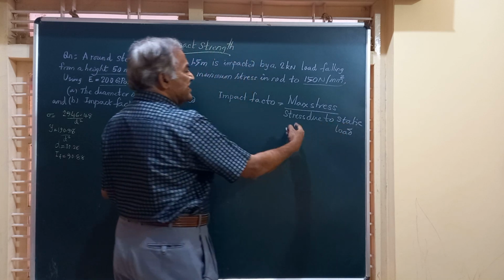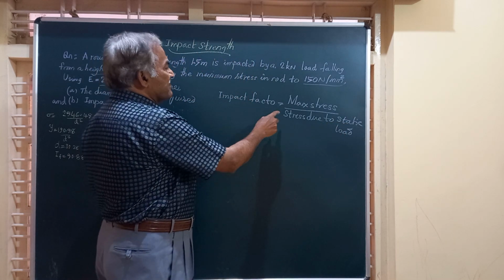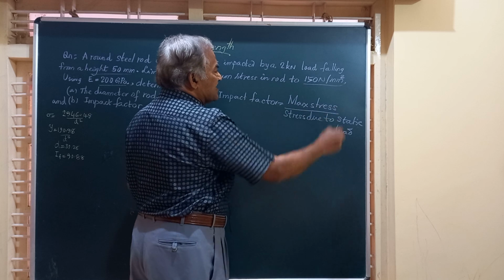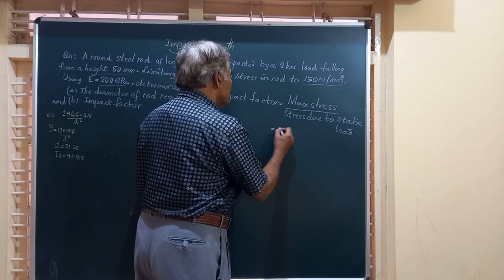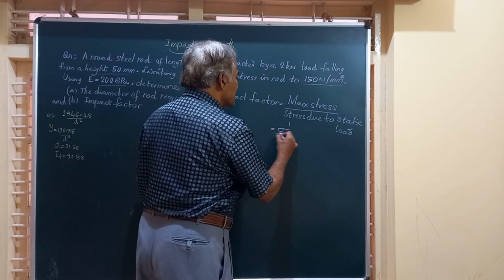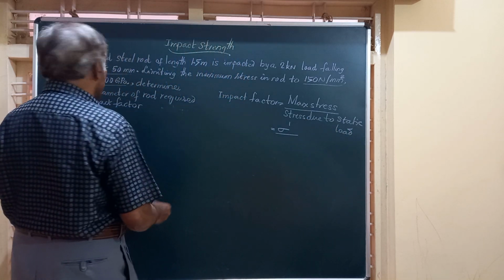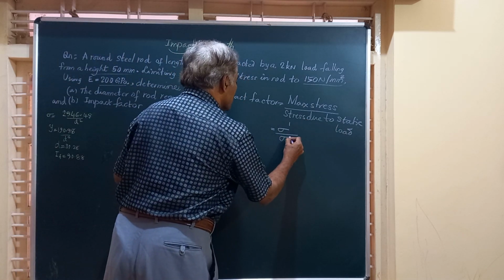Friends, in this case, it is an axial load. So impact factor is the maximum stress, which is sigma dash, divided by the stress due to static load, sigma. That is sigma dash by sigma.